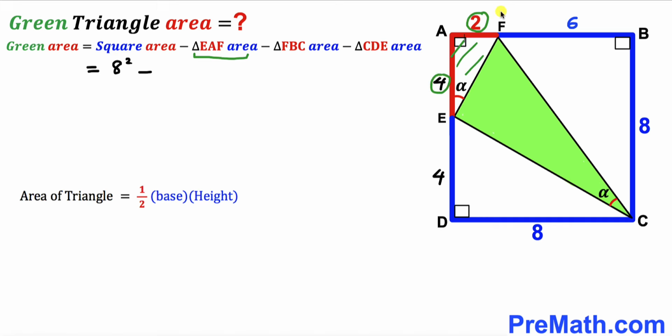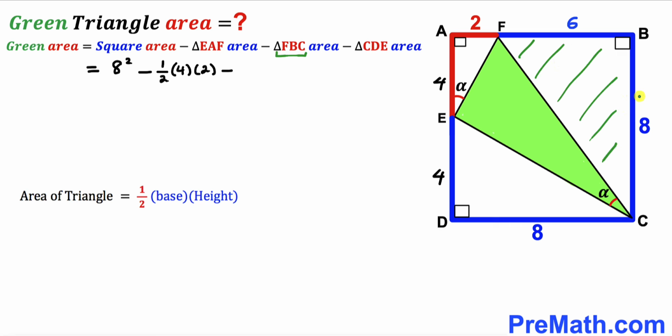And now let's focus on the other triangle FBC. We are talking about this triangle FBC. Its base is 6 and the height is 8. So therefore we can write a half times base is 6 times height is 8 minus.